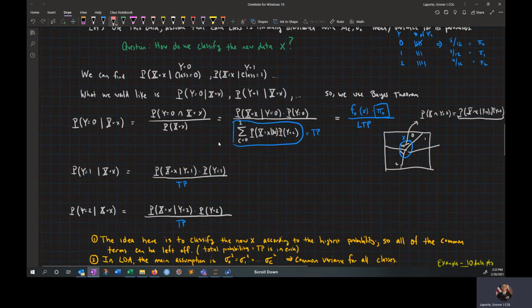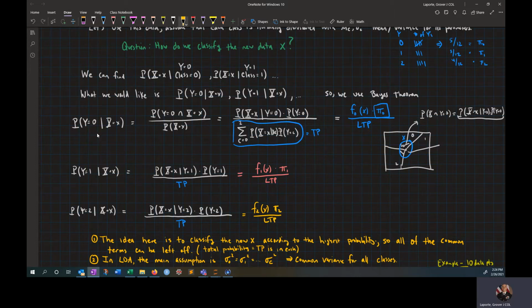If I used red here, it would be f1(x) times pi 1 all divided by the same exact law of total probability. We're still finding the probability that x is equal to x. And then yellow, that would be f2(x) pi 2 all divided by LTP.